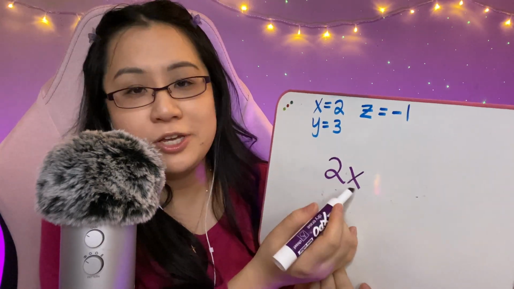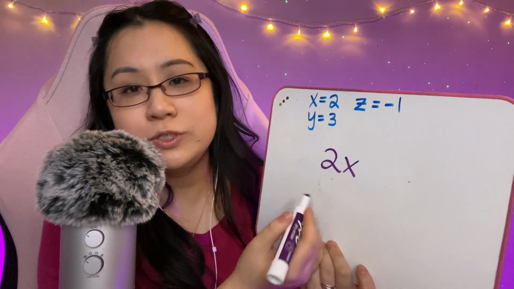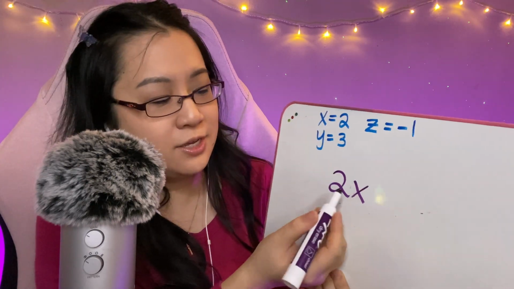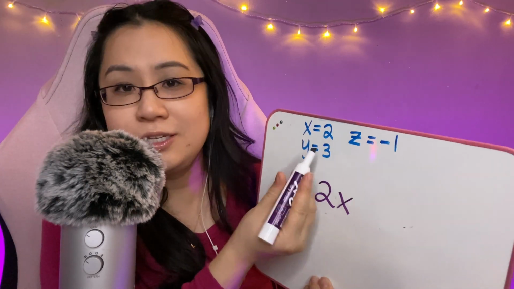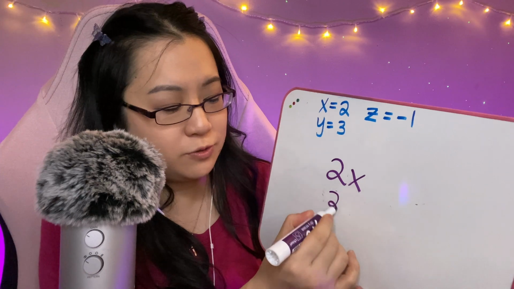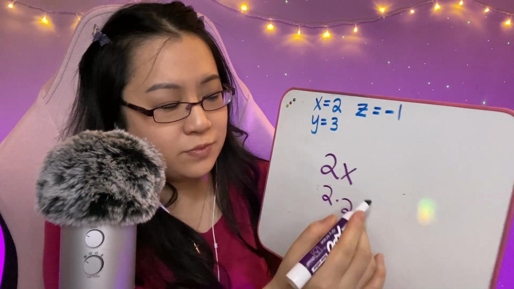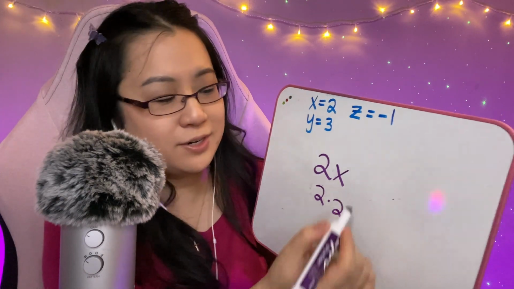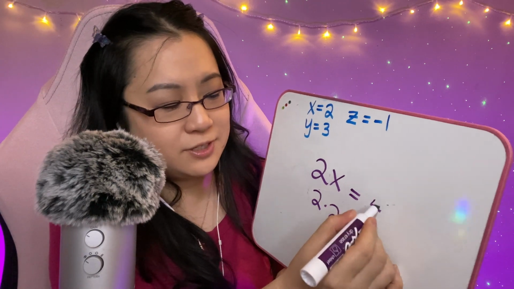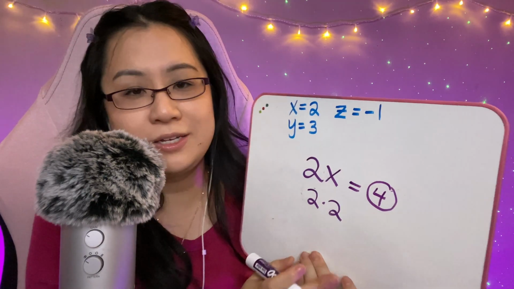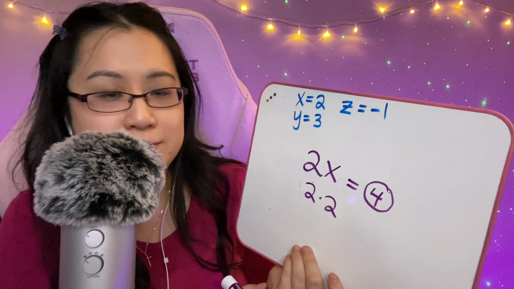So we just squish together and say 2x, which means 2 times x, and in this case, x equals 2. So we're going to do 2 times 2, which is 4. Indeed. So in this case, 2x will equal 4.